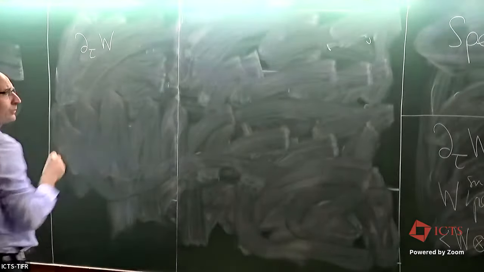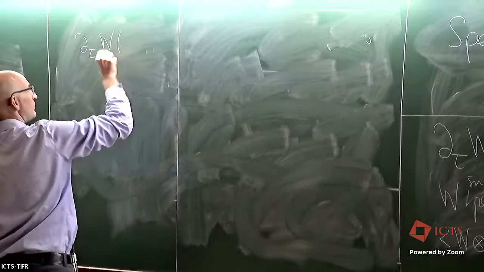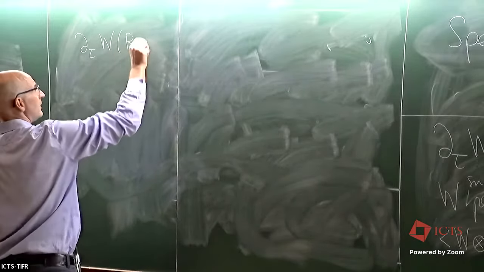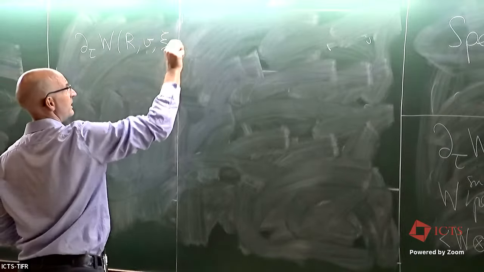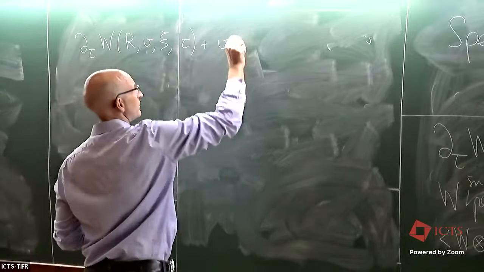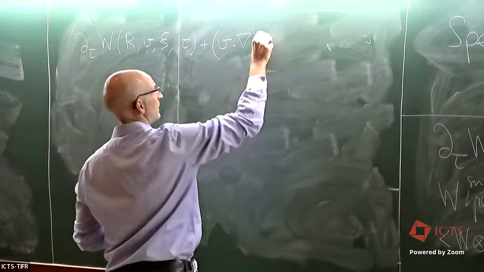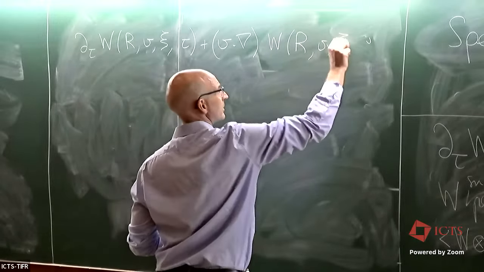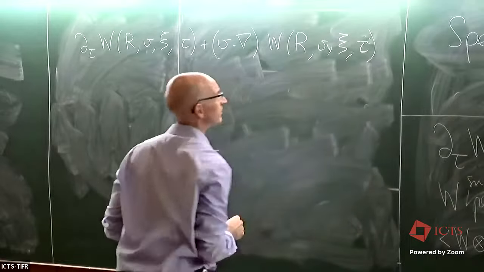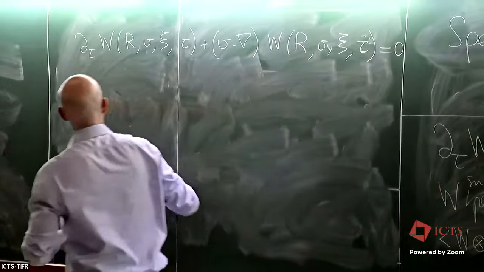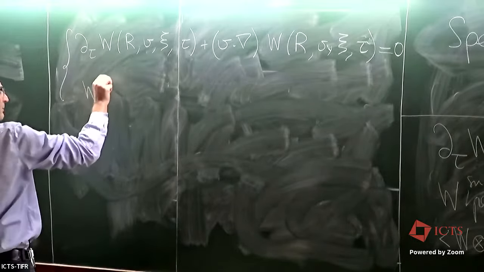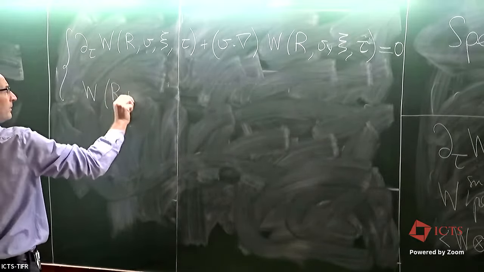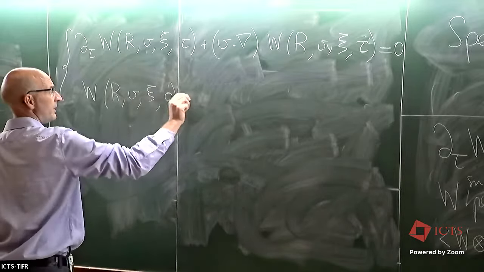Because I'm not yet using the time, let me really try to solve dTW plus v dot grad W of r, v, psi, and tau equals 0, with W at time 0 equal to the stationary guy.